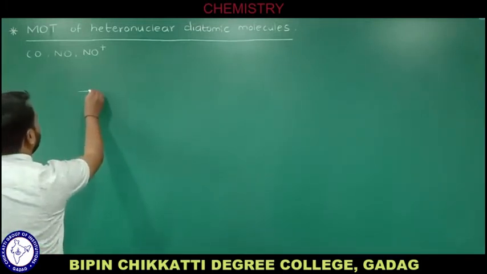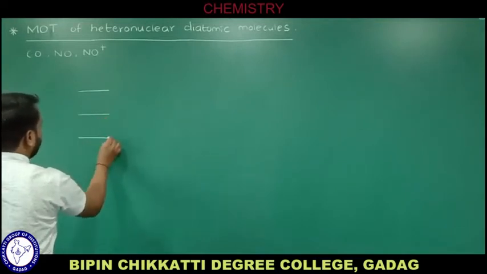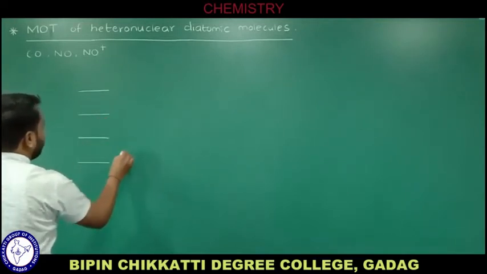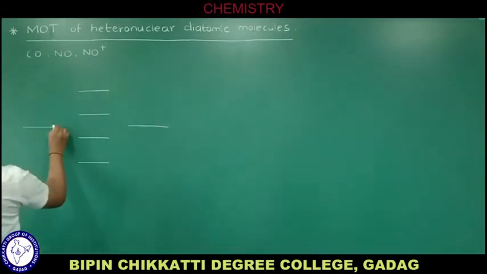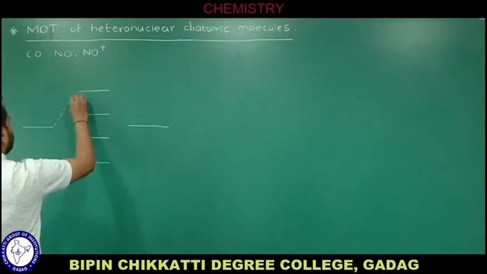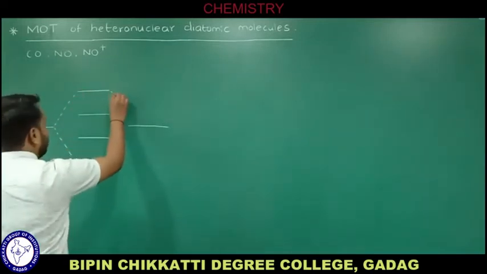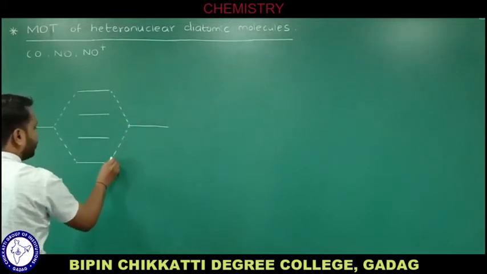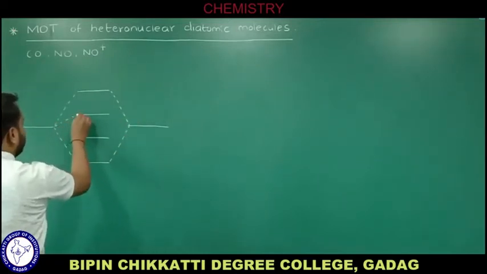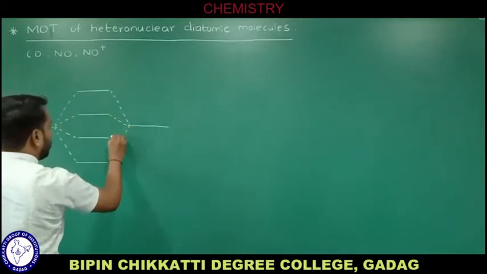Now I am going to draw the molecular orbitals including only sp. I don't want to draw 1s and 2s; I am going to draw only the molecular orbitals of 2p. As we know, 3 2p atomic orbitals will overlap with another 3 2p atomic orbitals, so that 6 molecular orbitals are formed.